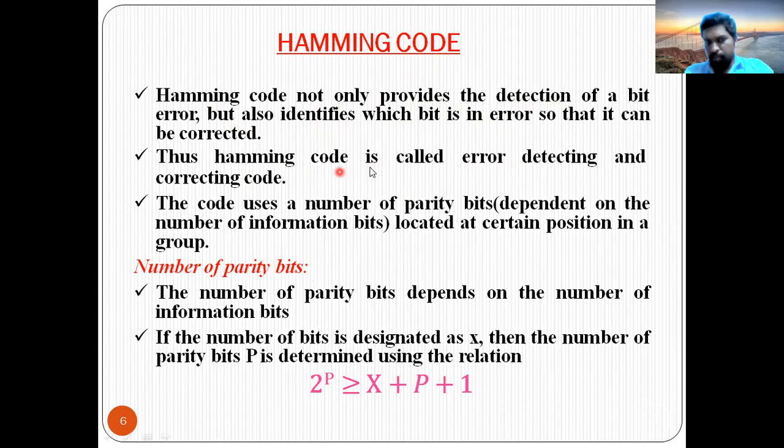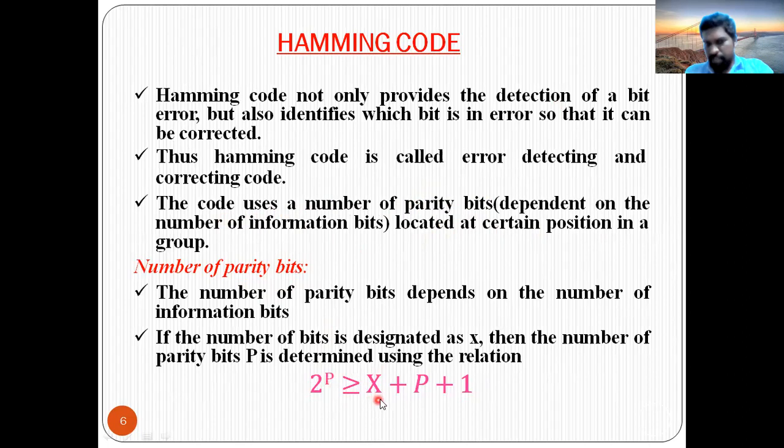The main principle of this Hamming code is parity bits. This code uses a number of parity bits located at certain positions. The number of parity bits required for a problem is given by the expression 2 power p greater than or equal to x plus p plus 1. Here p is the number of parity bits required, so you should find the value of p.